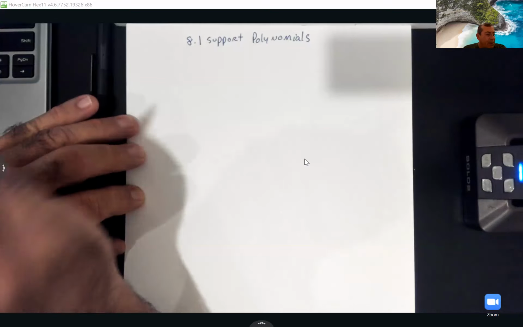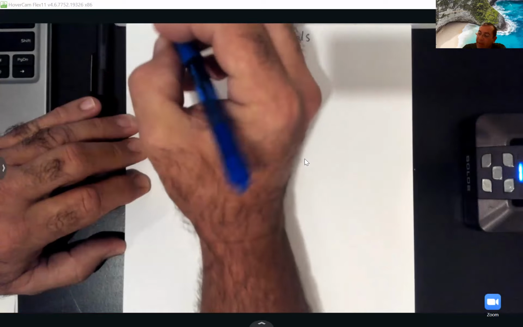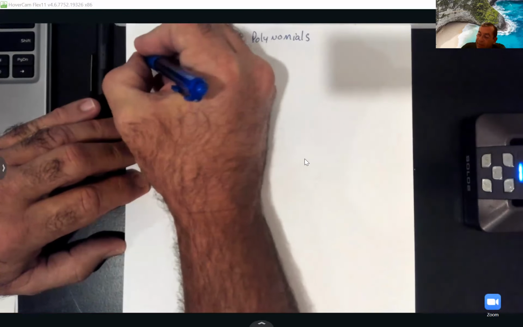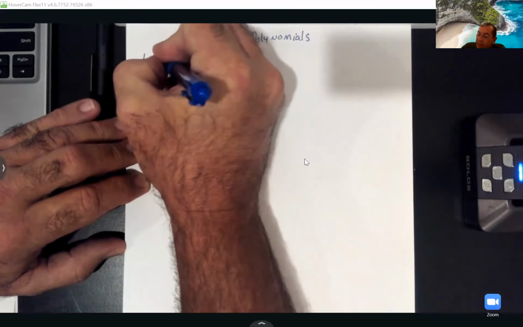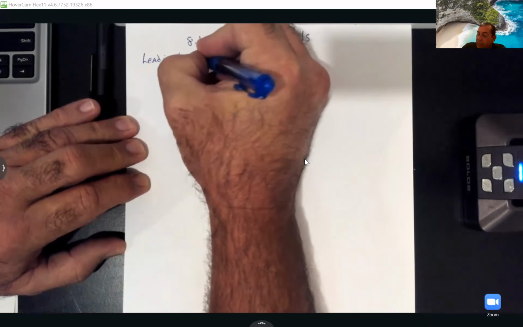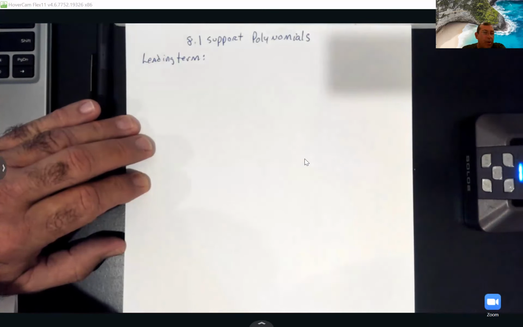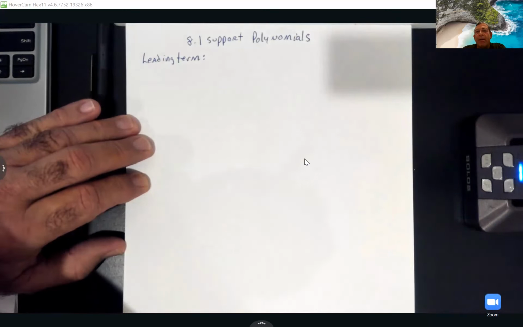So the first thing we'll learn about is what we call the leading term. So y'all, the leading term of a polynomial is the term that contains the highest exponent.